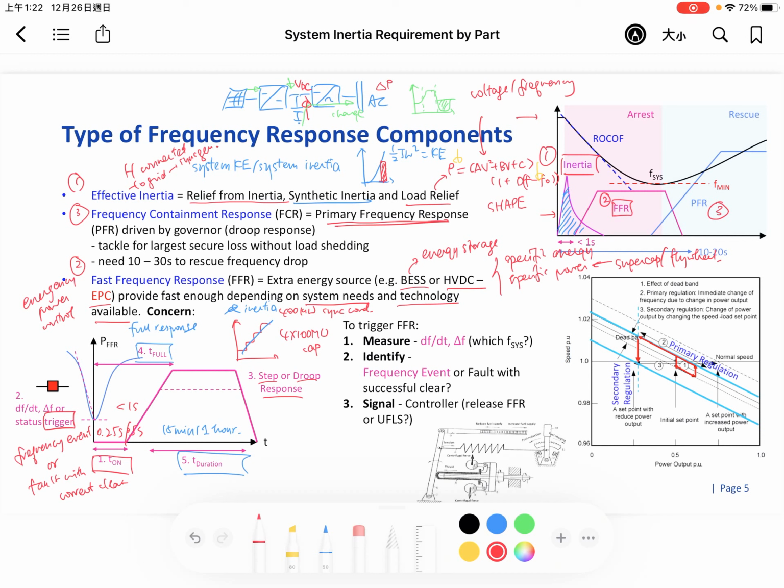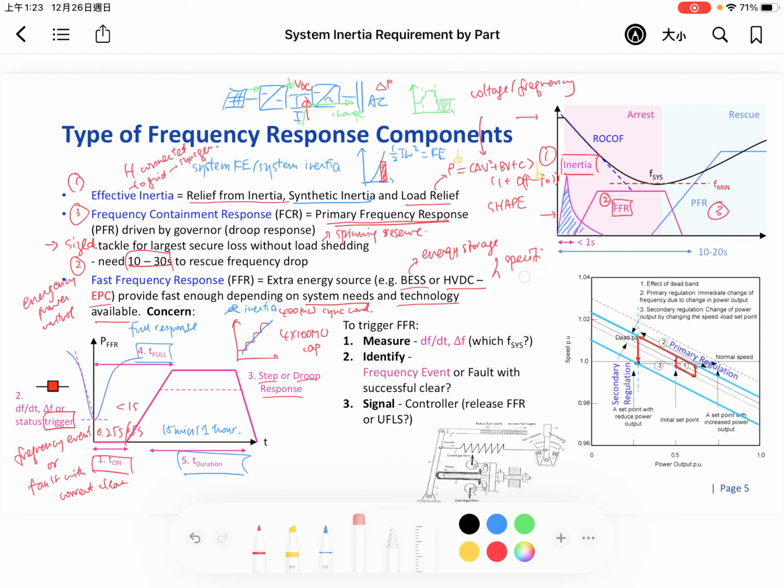It is actually sized to tackle the largest secure loss without load shedding, which is what we call the spinning reserve. And the second one is the time that we need to trigger it and obtain the full response. It takes 10 to 13 seconds to do it.